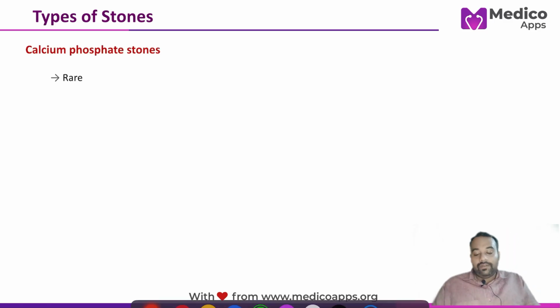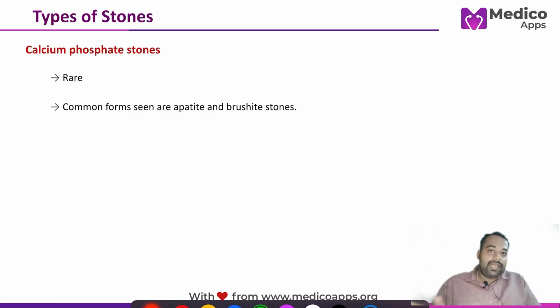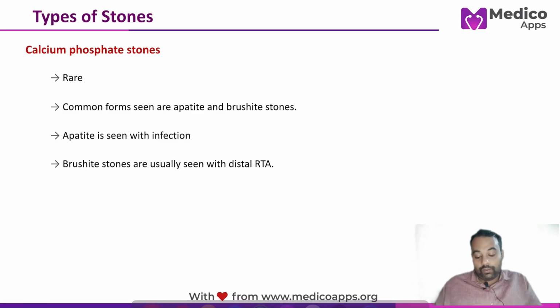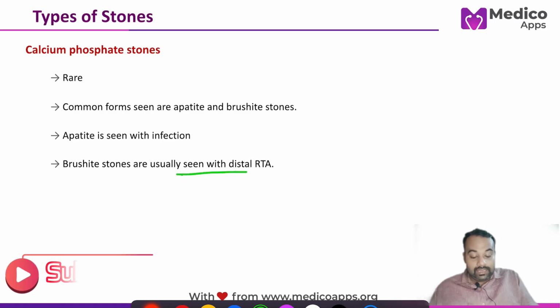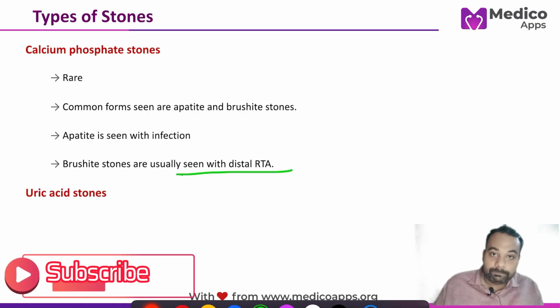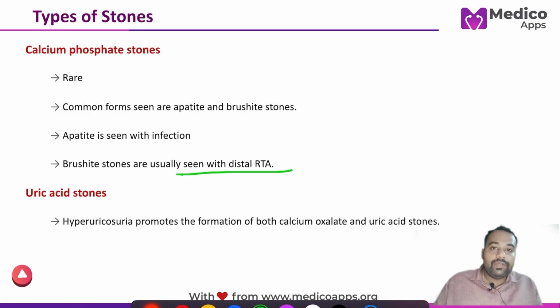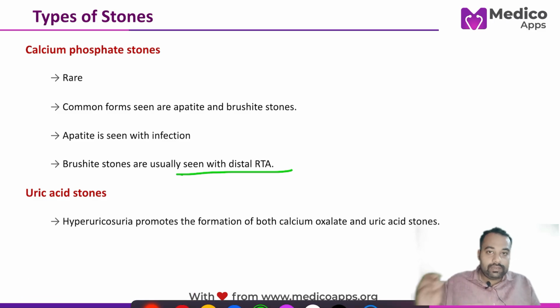Now calcium phosphate stones are the rare ones. We have the apatite and the brushite stones. Apatite stones are seen with infective pathology, but brushite stones are seen with distal RTA. Regarding the uric acid stone, I have already mentioned there is increased uric acid in the urine.